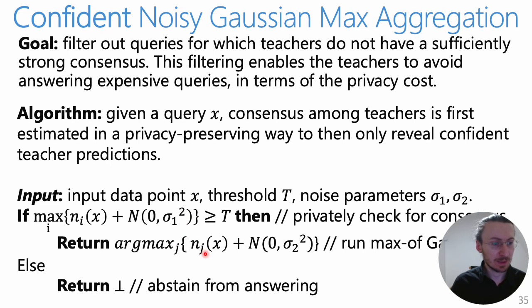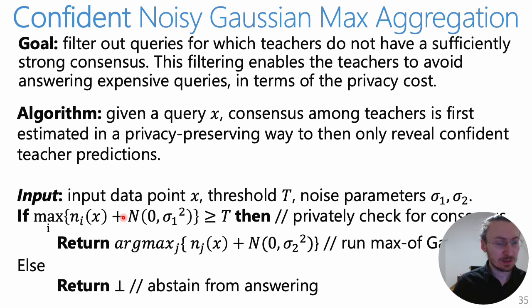Then we again take this number of counts per class in the histogram, we add another version of the noise, then take the argmax, and so again we find the class with the highest number of votes, and return the noisy argmax. So these two steps are separate. One of them is just to check for consensus. Another one is to privately release the label. And you have to note here that these are separate mechanisms.